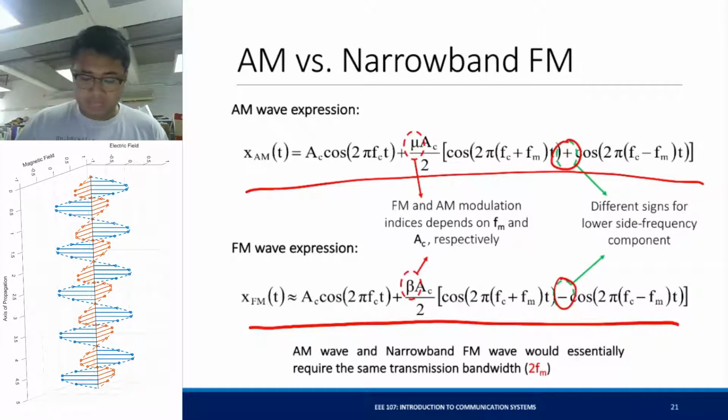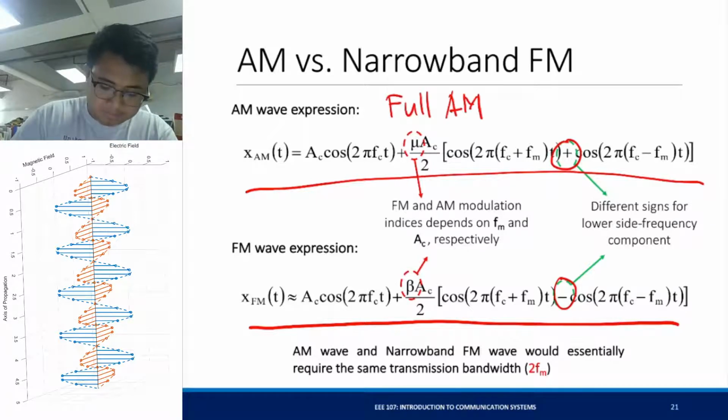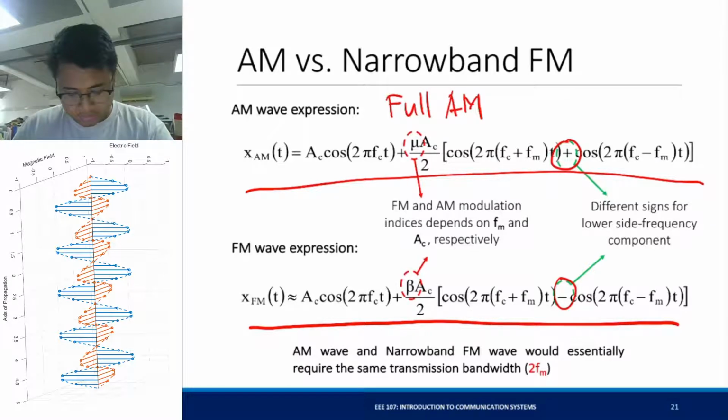Okay, and your FM and AM modulation indices depend on Am and Ac respectively. So it seems like a narrowband FM signal has the same properties as a full AM wave. So this is a full AM wave. Okay, so your AM wave and narrowband FM wave would essentially have the same transmission bandwidth.